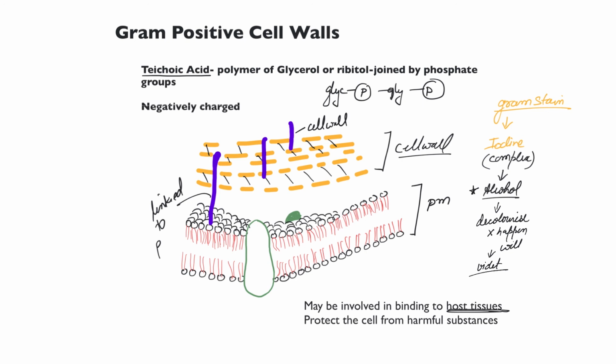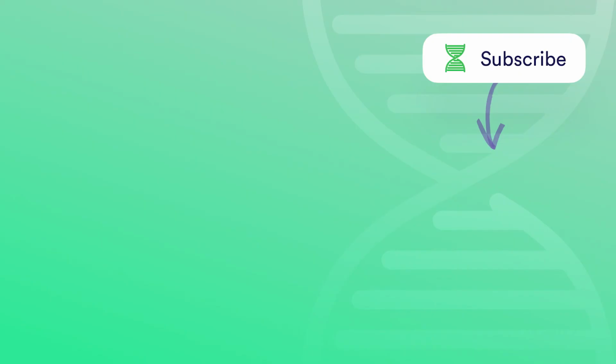Then when you stain them with a counterstain, which in this case is safranin, they stain pink, right? So that is why the gram-positive bacteria stain positive. I hope this makes sense.